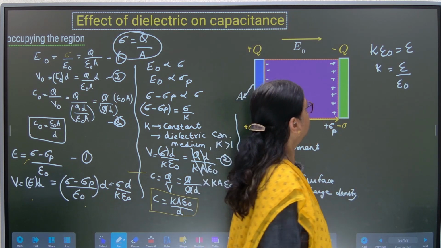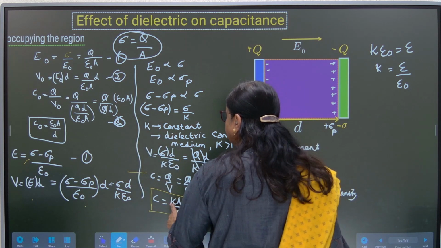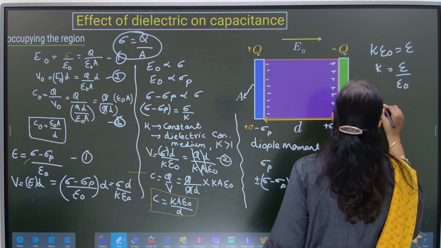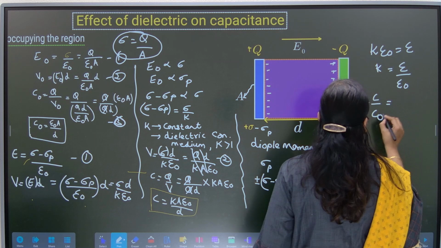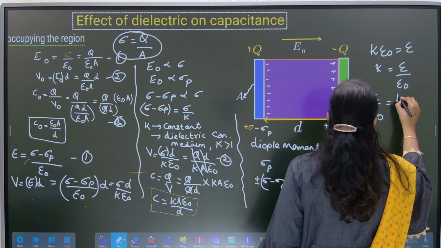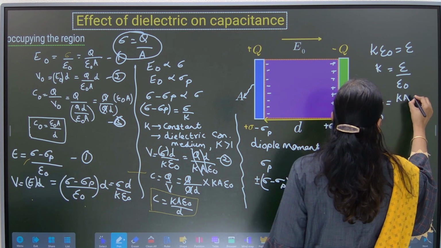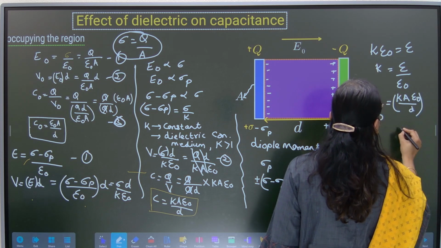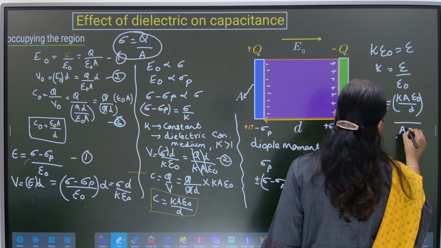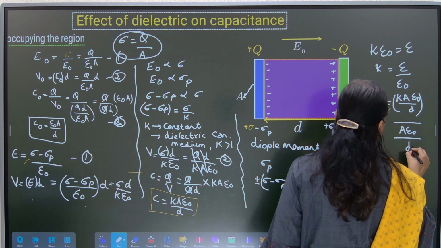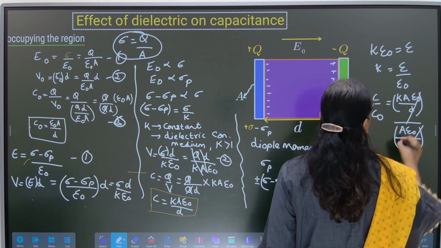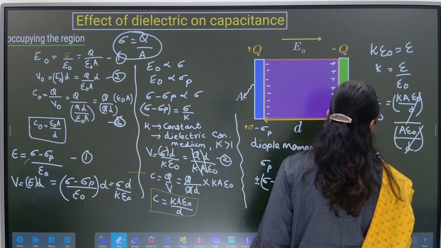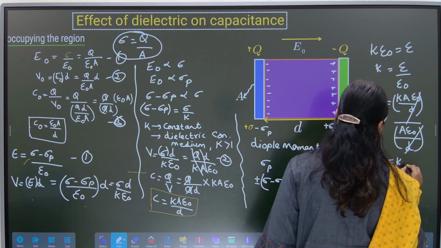Then if I divide C by C naught, what is C? K A epsilon naught upon d. What is C naught? A epsilon naught upon d. So these terms cancel. Finally, I have C upon C naught is equal to K.